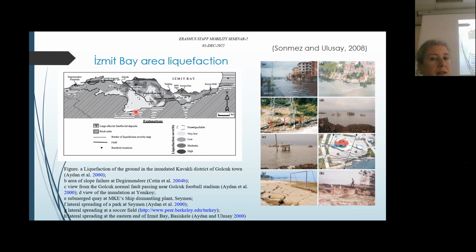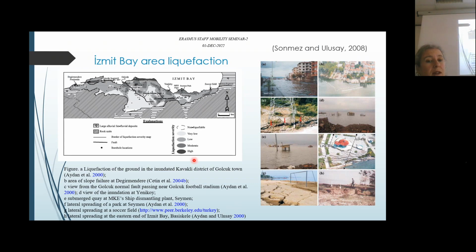Or even with this, with an explanation of the liquefiable or non-liquefiable layer, you can understand the principle that occurs throughout the area with lateral spreading and the behavior that occurs for different regions.